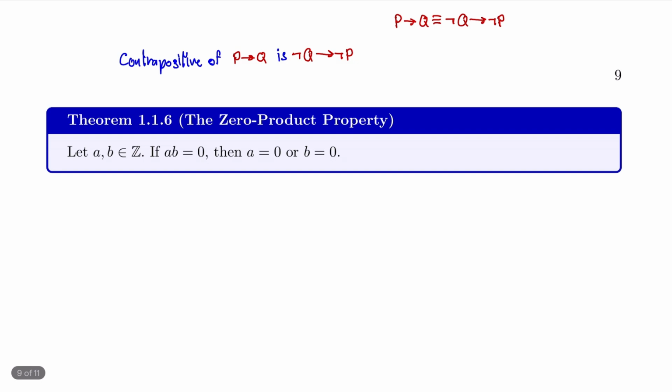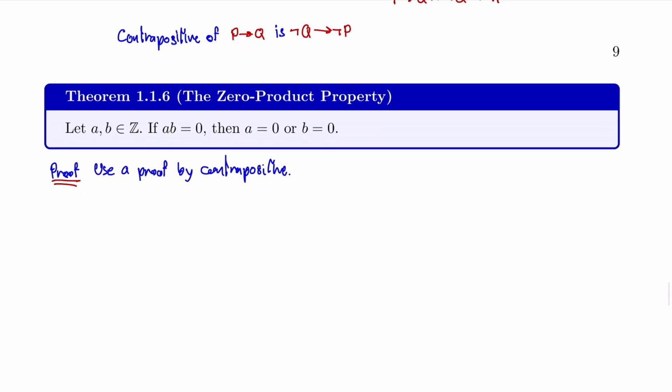We will use this to prove this theorem. So now, let's prove it. We will use a proof by contrapositive. I will let a and b be two integers. And what is the contrapositive of this statement? The contrapositive is going to be not this statement.